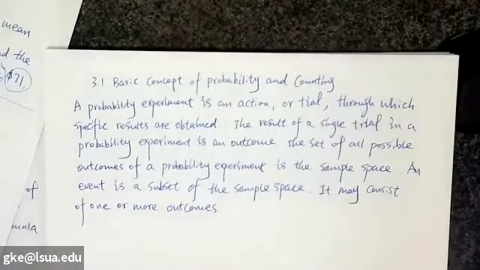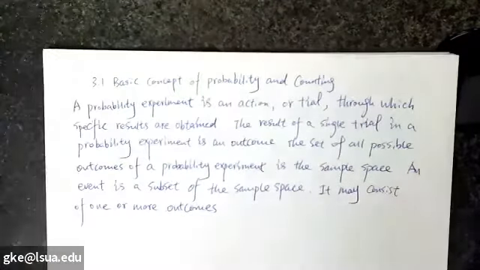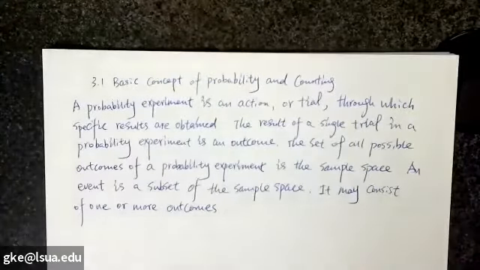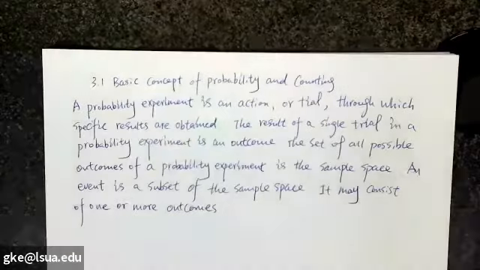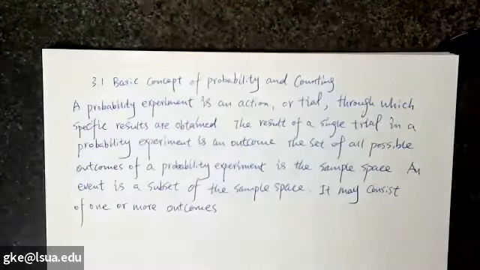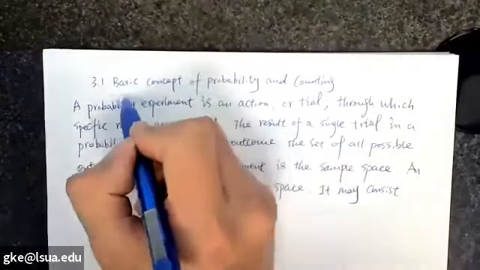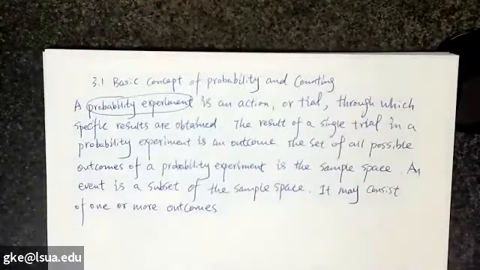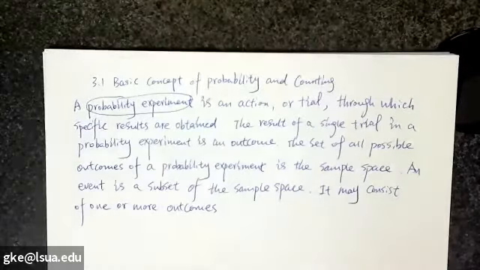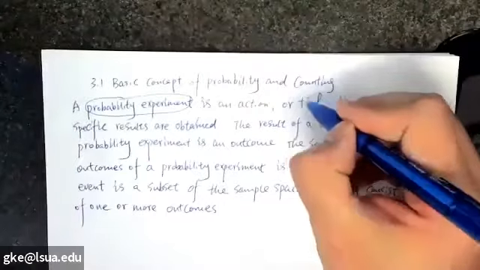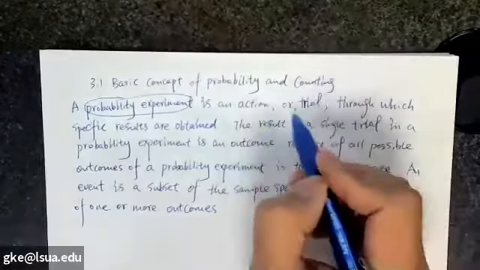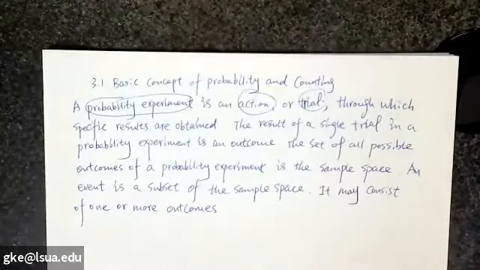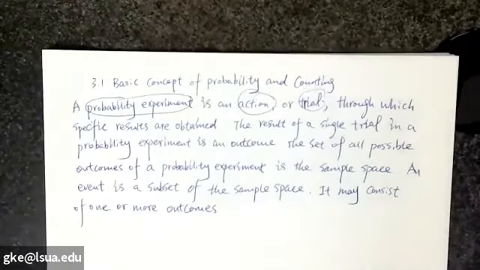Well, a lot of words. Okay, so let's take a look. The first terminology is probability experiment. An experiment is a trial, an action or trial through which specific results are obtained.